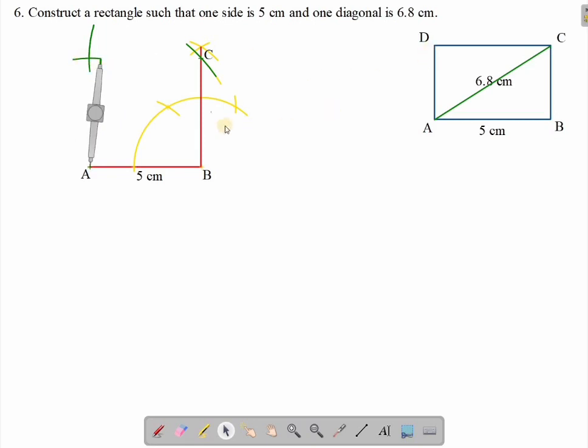So wherever it gets intersected, that point will be called point D. Now ultimately, let's join A with D and C also with D. So hence you see that ABCD is the required rectangle. That's all for today. Thank you very much.